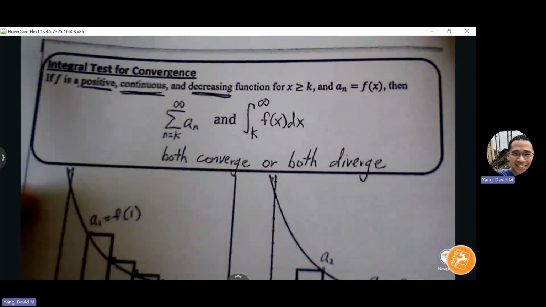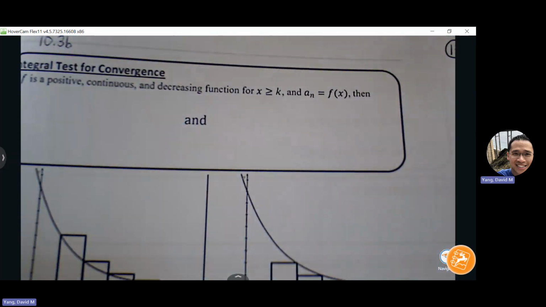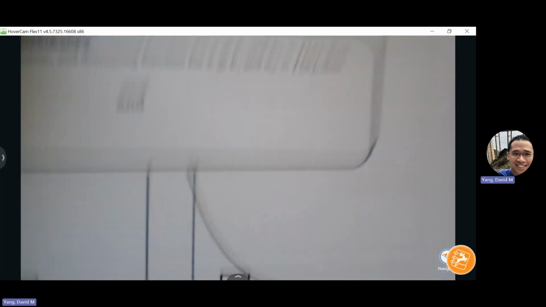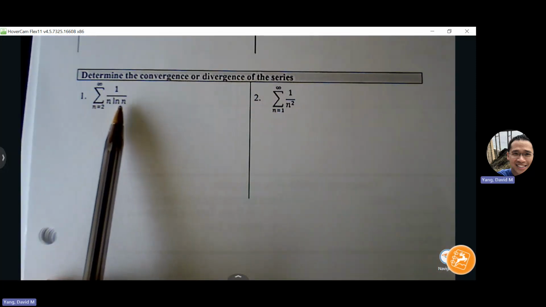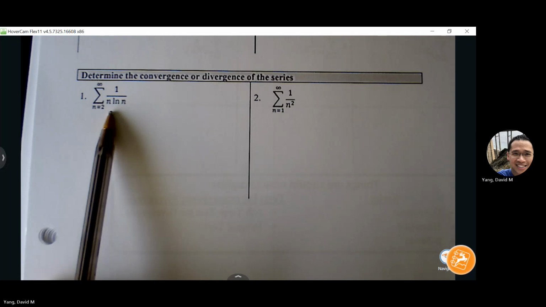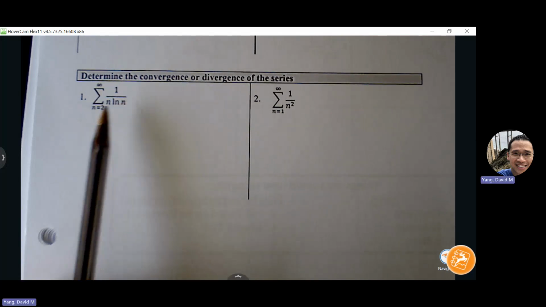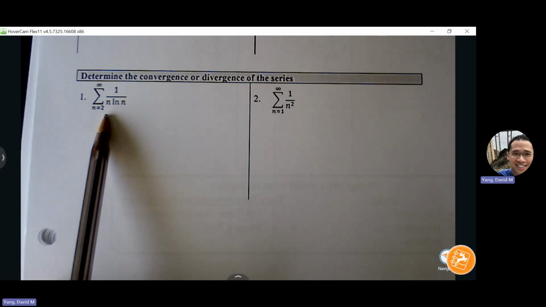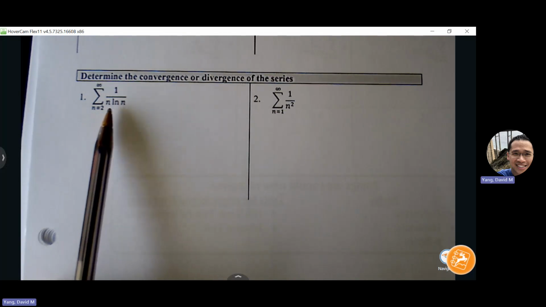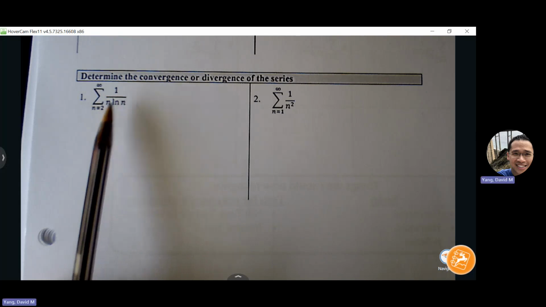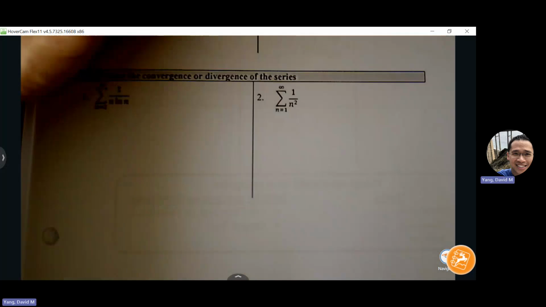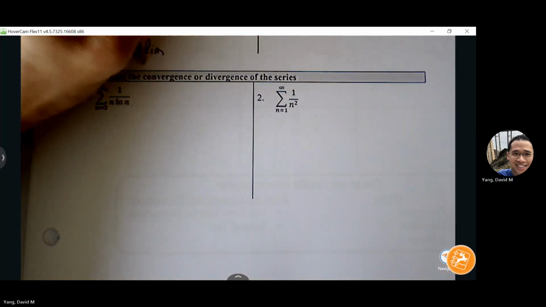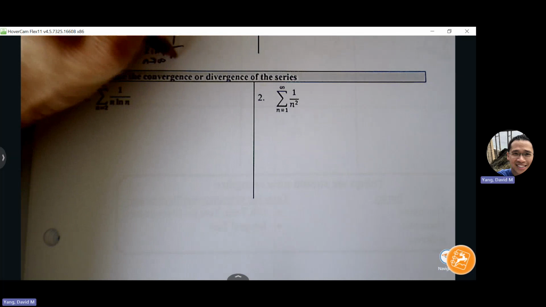Okay, let's skip the graph and let's look at number 1. All right, so number 1, we have 1 over n ln of n. If I see this, typically we will say, okay, let's do the nth term test. And the nth term test will tell us what? The limit of this would equal zero.